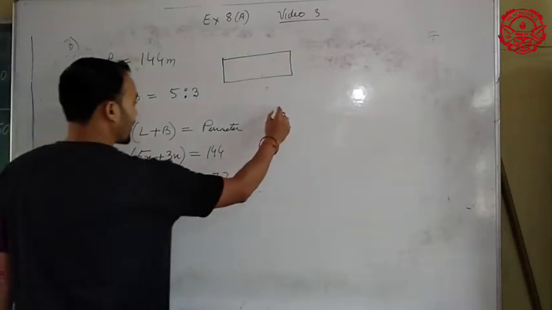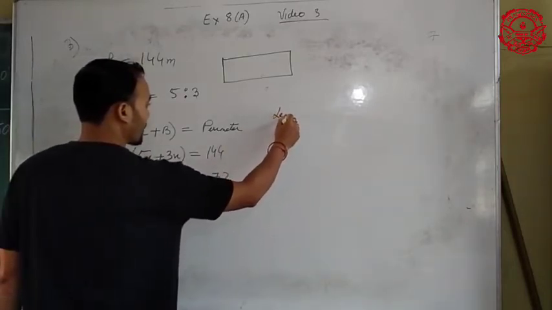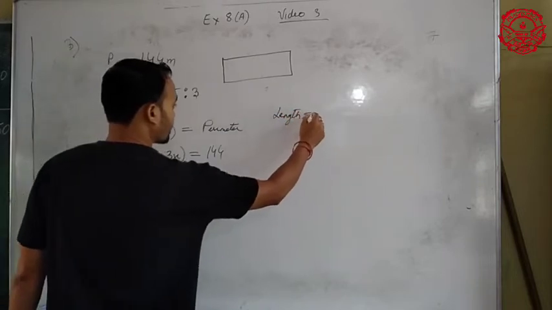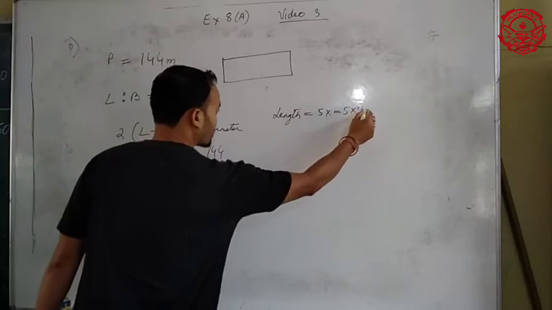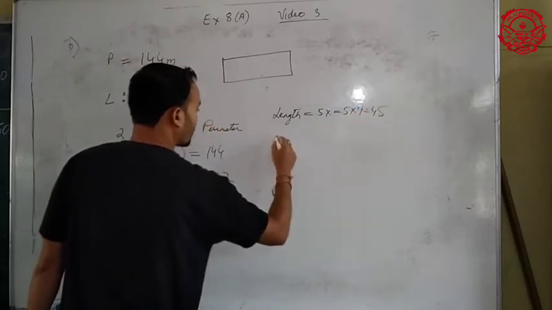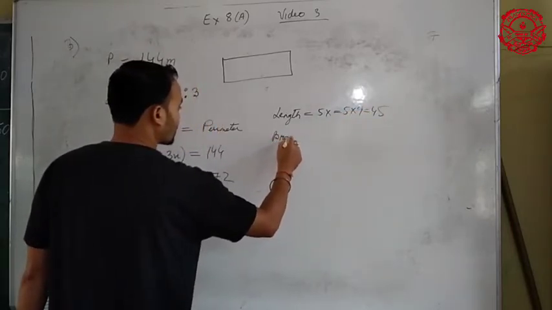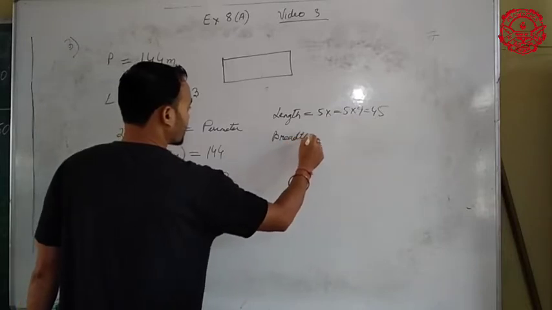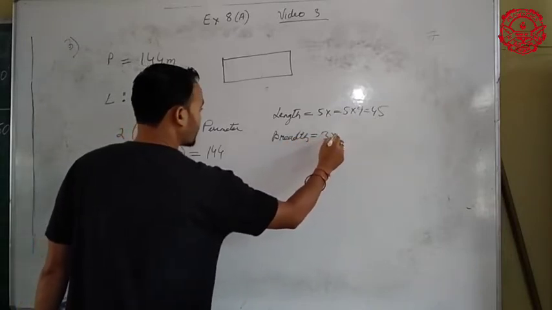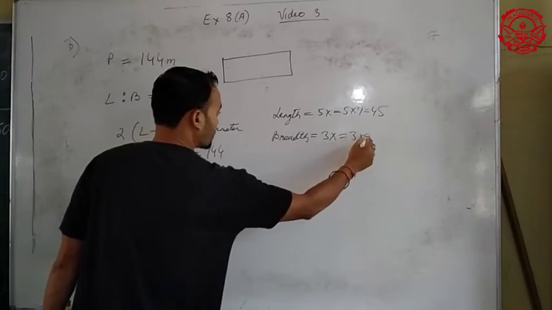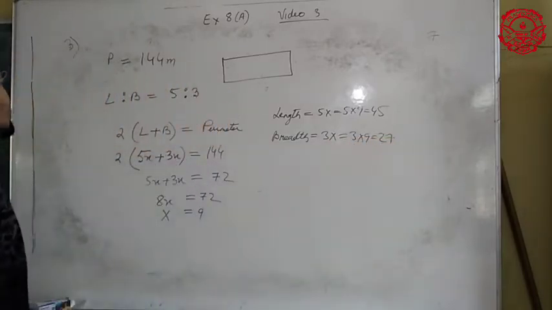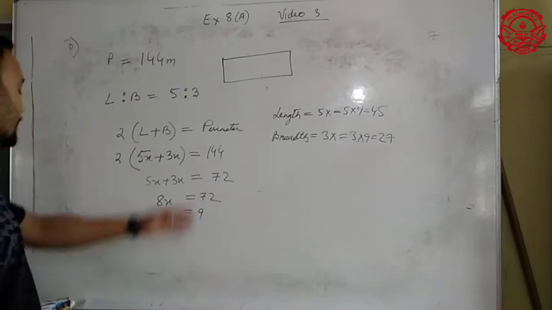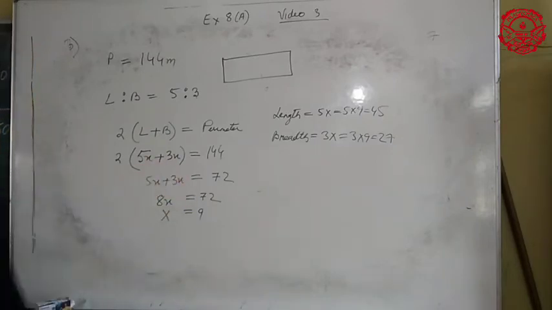The length is 5x, equal to 5 into 9, that is 45. Breadth equal to 3x, equal to 3 into 9, that is 27. Fine. Okay. These are the length and breadth values.